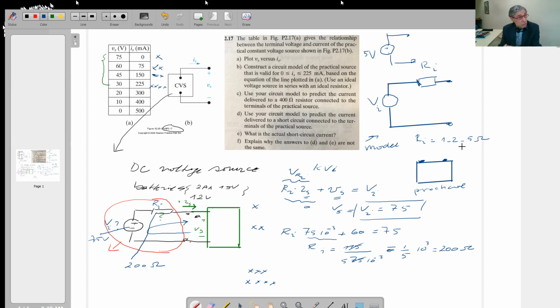If it is in this range, it is good quality. If it is 200, as we calculated here, the quality drops, you see. So if you are producing practical independent sources like batteries, you've got to make this Ri value as small as possible, then the quality is higher.